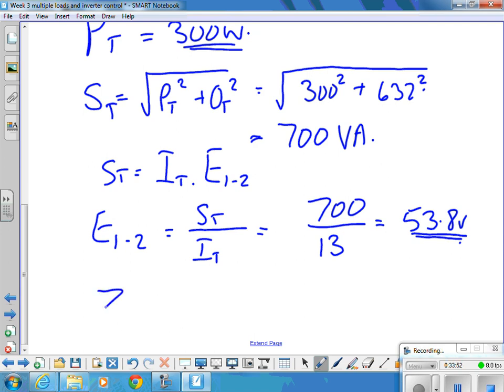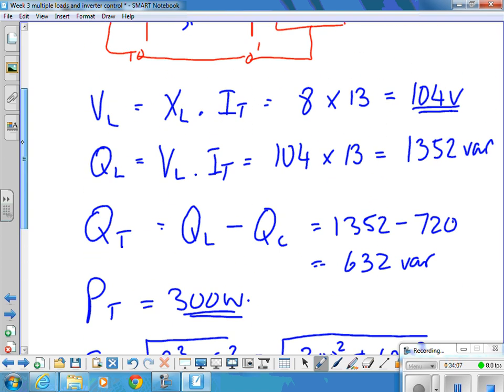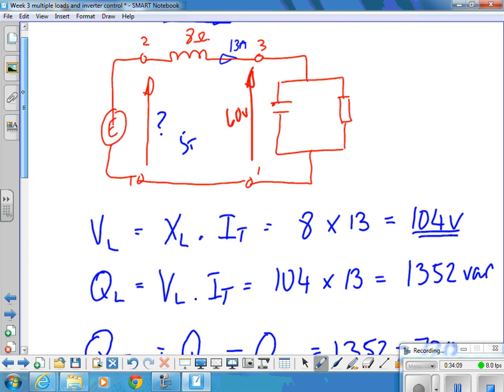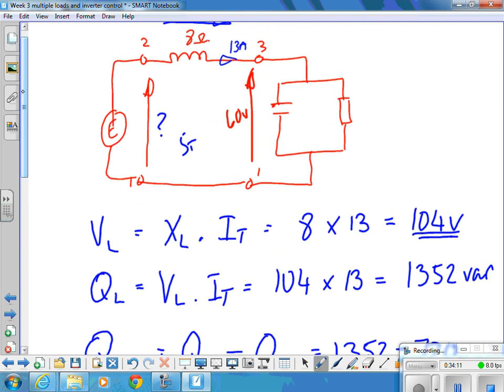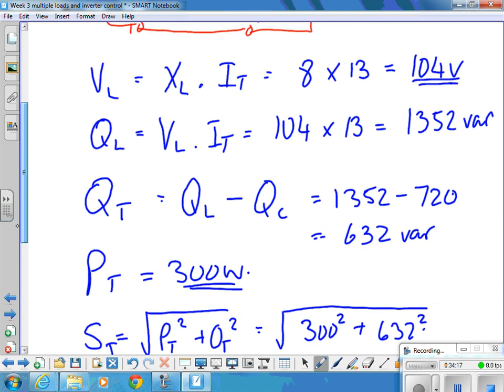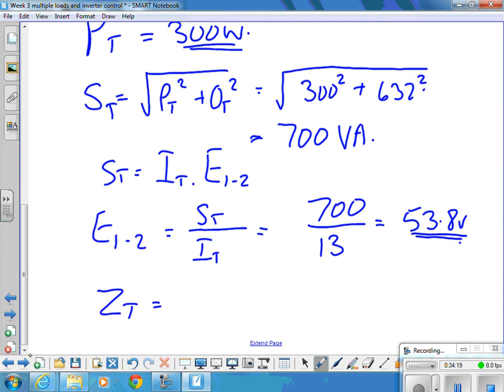And therefore, can we get ZT? Total impedance comes from... we could calculate it using series parallel impedance, but with all these other values, can we get it another way? Yep.